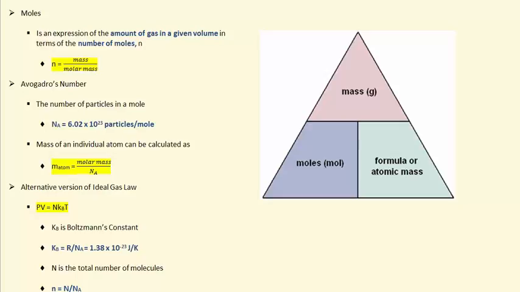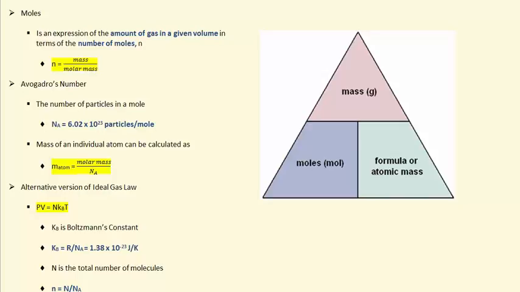If we take moles multiplied by our molar mass, we would get the mass. Or if we took mass divided by the molar mass, we would get the number of moles. So this triangle is just a helpful way for us to keep track of our conversions between the 3.